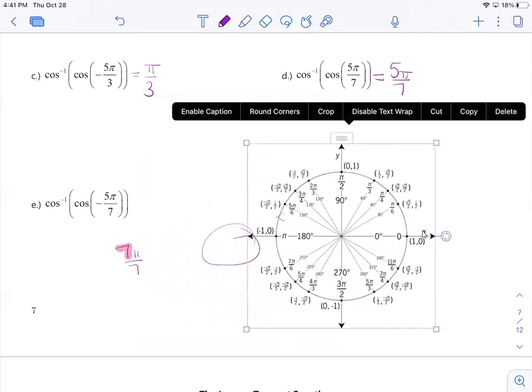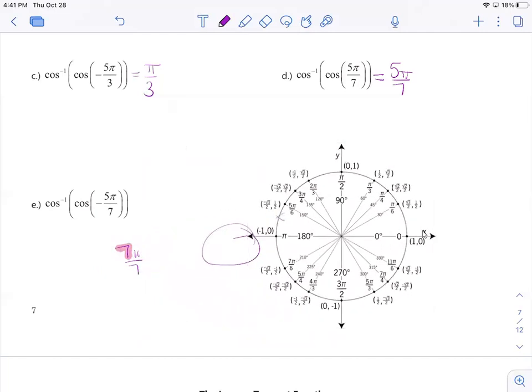Now let me just actually do a little work to make sure. Okay, so 5 pi over 7, just to give us a good idea, is somewhere around here.